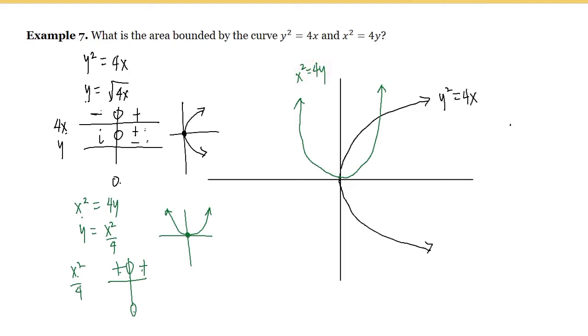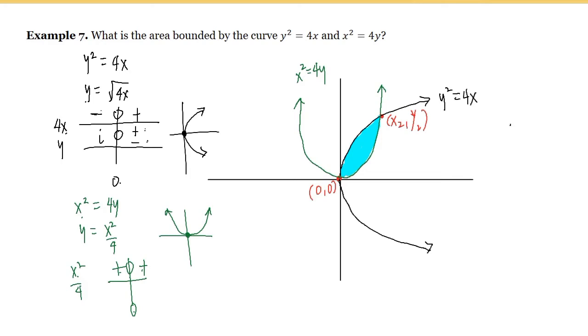So, since we are asked to find the area bounded by the two curves, ibig sabihin ang pinaka-compute na area sa atin ay ito. So, the next thing that we are going to do is to locate the point of intersection. Since this is the x sub 2, y sub 2, and alam naman natin na yung x sub 1, y sub 1 natin ay 0, 0.